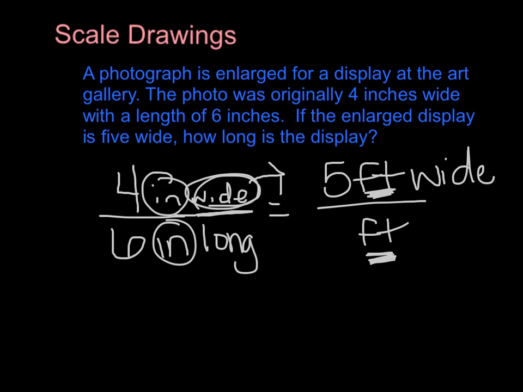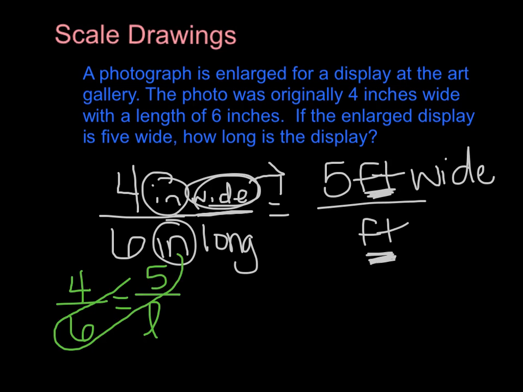So to solve this, that looks really yucky with all of the circles and the letters. So if I just wrote this as a basic proportion, it would look like this. And maybe I want to call that L for length. Well, to solve it, use cross products because there's no easy relationship. So that's 30 is equal to 4L.